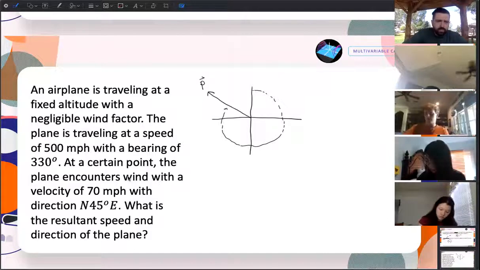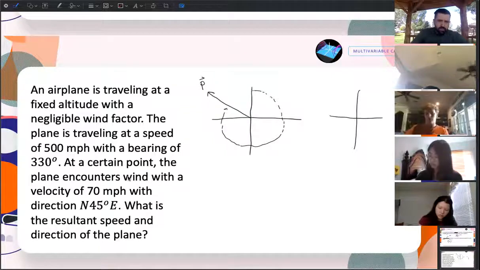And then at a certain point, you encounter wind. Velocity 70, which again would be the magnitude, direction north 45 degrees east. So that would be this way. North 45 degrees east would be saying start north, go 45 degrees to the east, and this would be your wind.